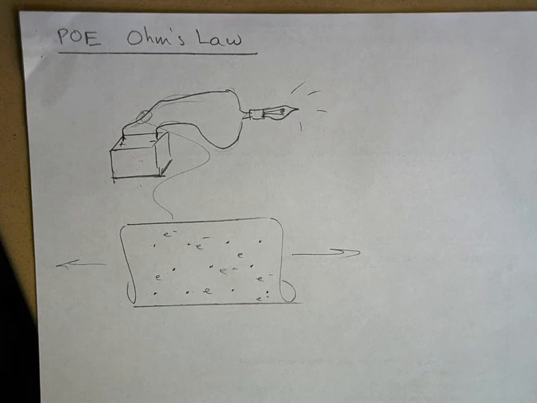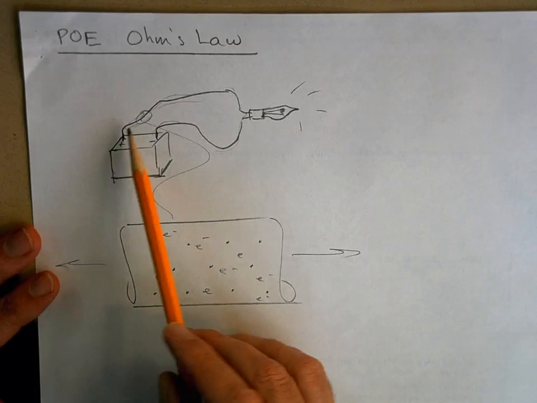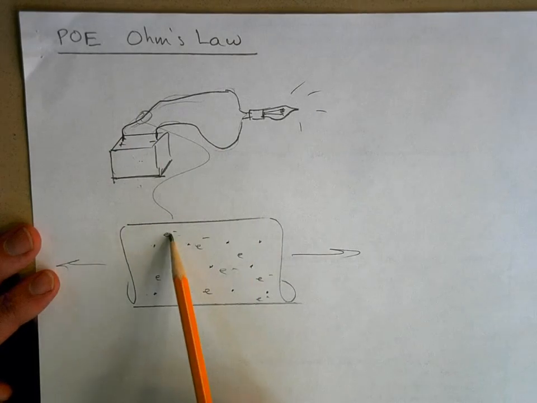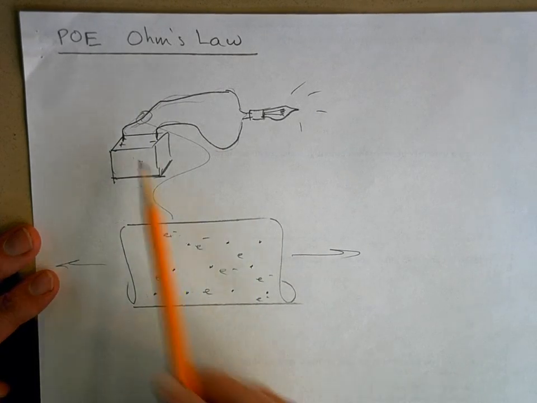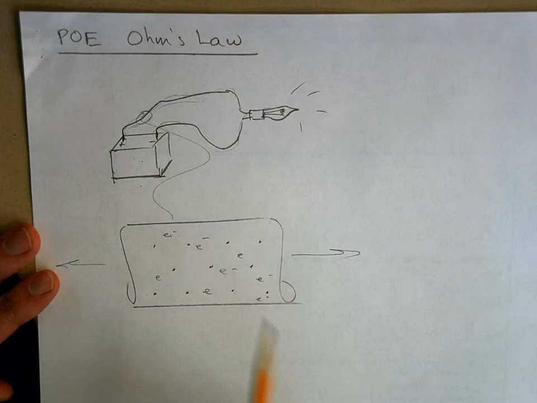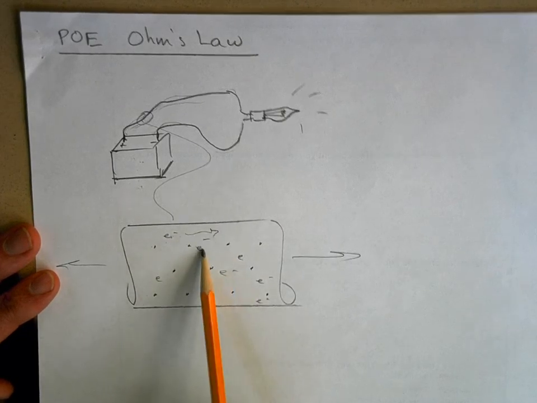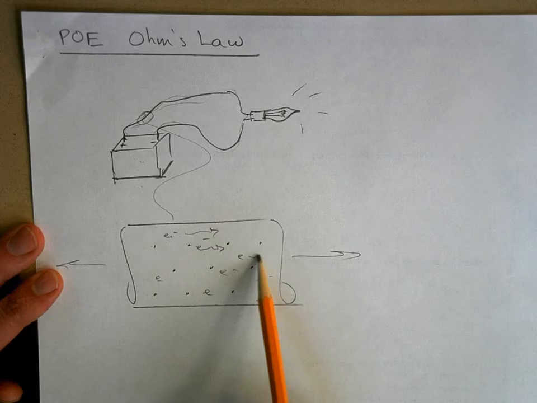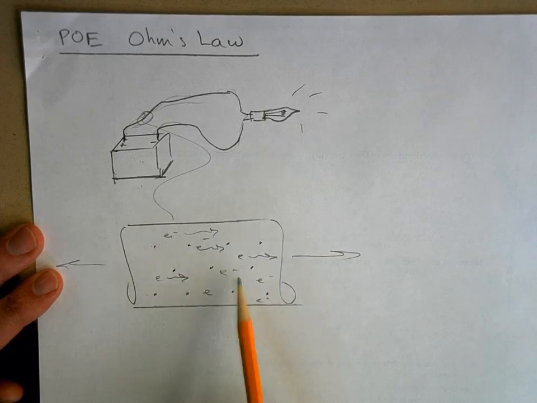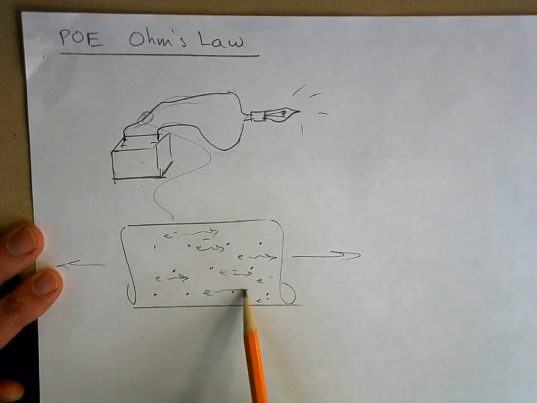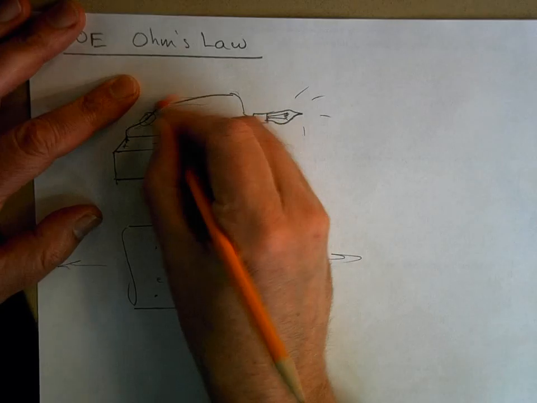But what happens when there is current flowing through the wire is that there is what's called an electric field that is pushing the electrons through the wire. So now someone closed the switch. Now before you close the switch, let's put a switch in here.